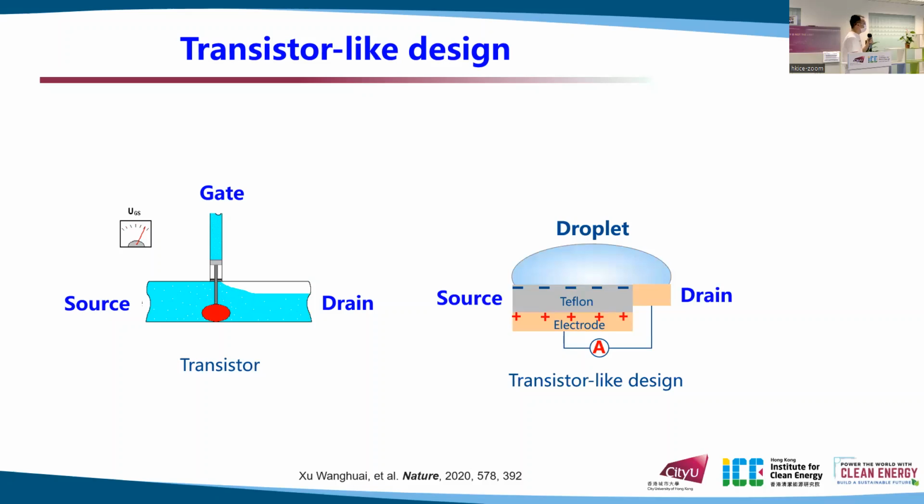We fabricated a surface electrode on the Teflon surface. The Teflon stores sufficient charge, the bottom electrode can be treated as a source, and the surface electrode can be treated as a drain. The droplet that can bridge the source and the drain can be treated as a gate, just like that in the transistor.